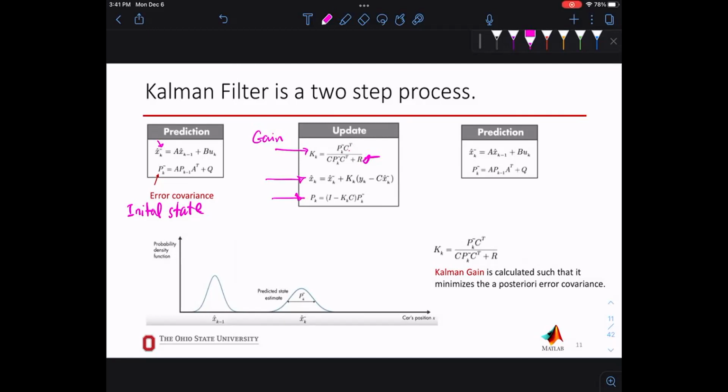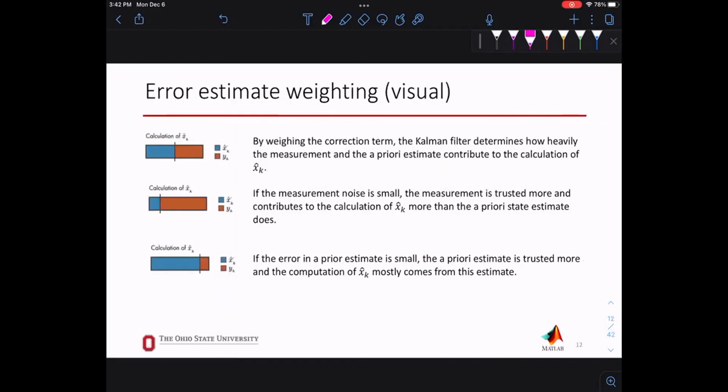Then once we have our X hat and P_k, these two go and create our next prediction, and then we go back to the update. So we keep bouncing between these two until we're done, wherever we wanted to end up. Now, going back to how much we trust each of them.